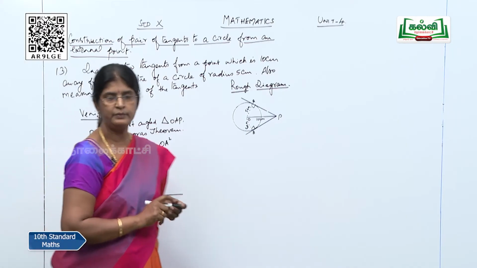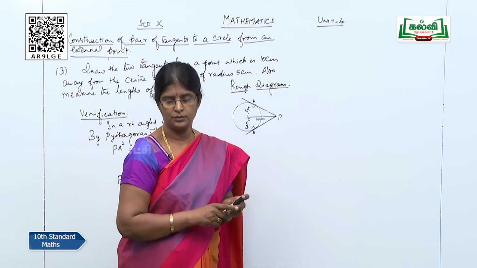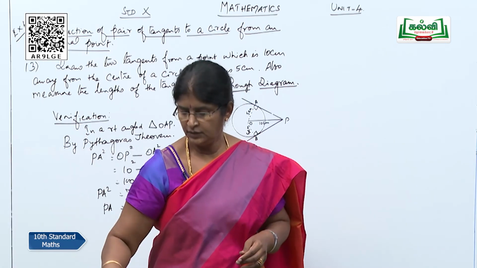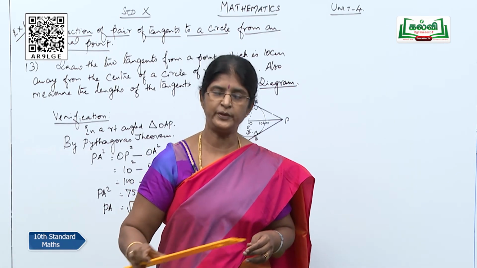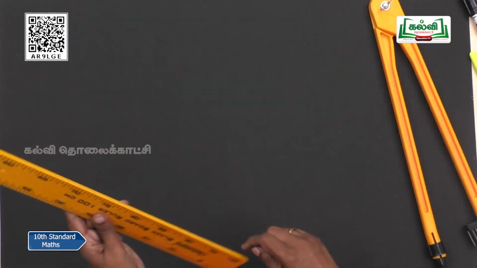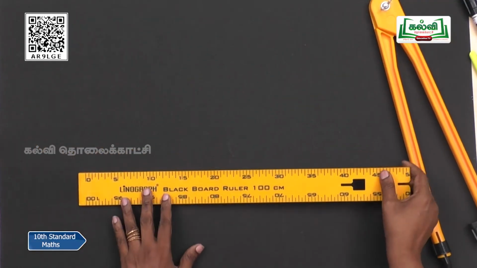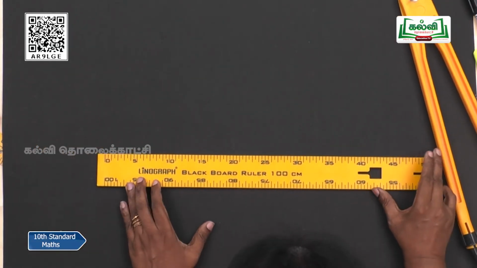Okay. Now we will see how to construct two tangents. First of all, the distance between O and P is 10 centimeter, no? So we are drawing a line of 10 centimeter.